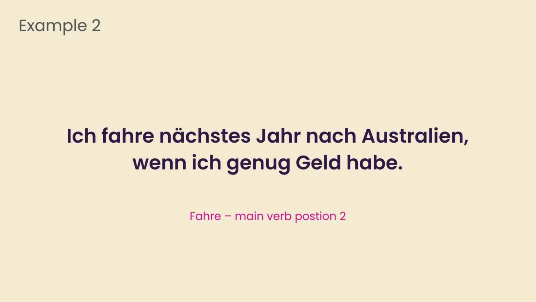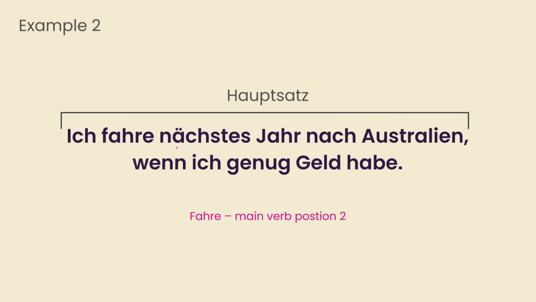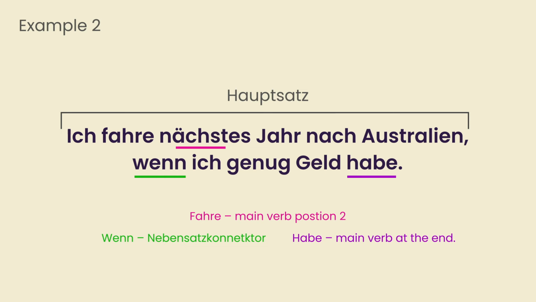Looking at the sentence structure, your Hauptsatz is definitely in the first position over here, followed by a comma. Then comes your Nebensatzkonnektor wenn, and in the Nebensatz, the verb is at the end, which is habe.